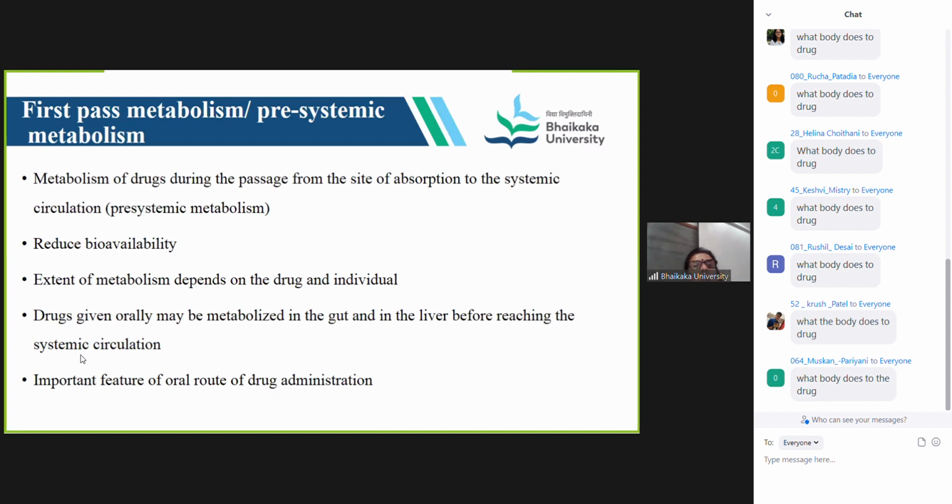And if it follows this, then there is no use of giving the drug orally, or one has to change the route. Or maybe it is possible that if you increase the dose, some amount will not reach the systemic circulation and some amount will reach it. So it is an important feature of the oral route of drug administration.